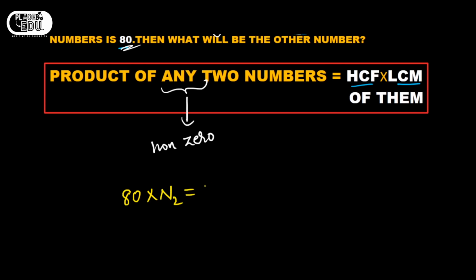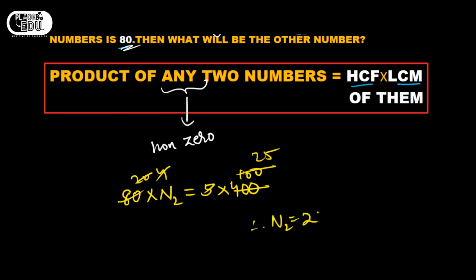We have HCF 5 and LCM 400. I'm just doing the division. Therefore, I got the second number as 25. Understood? The important point to remember is that it should be non-zero.